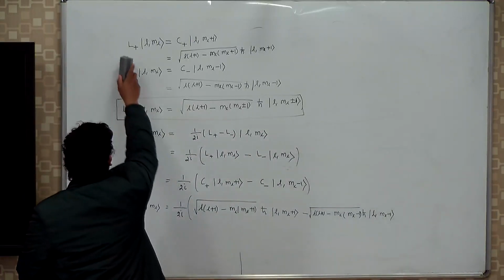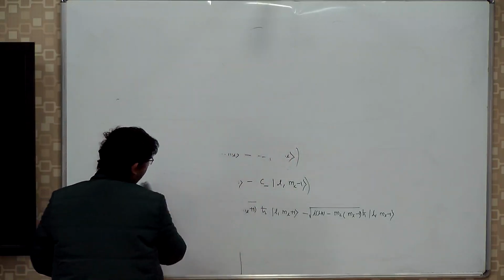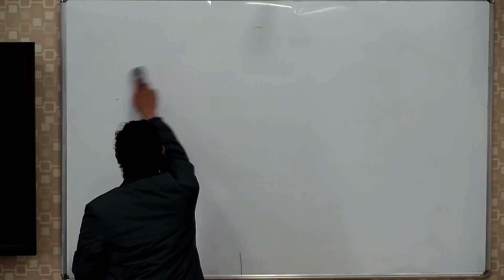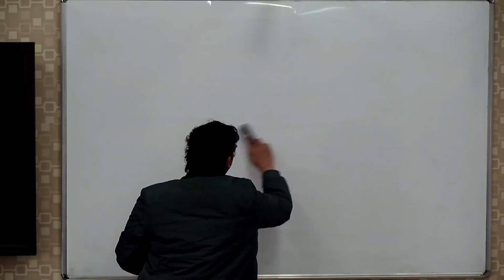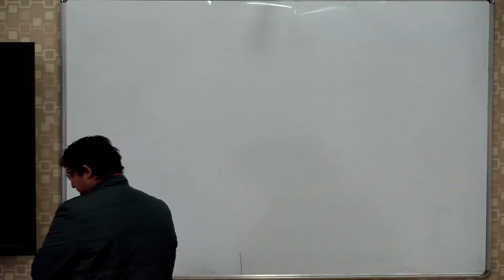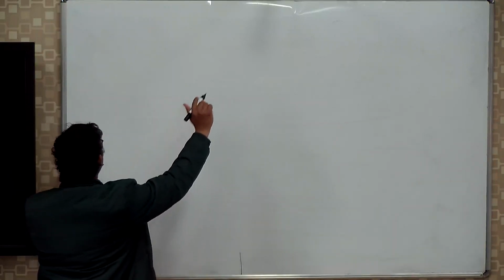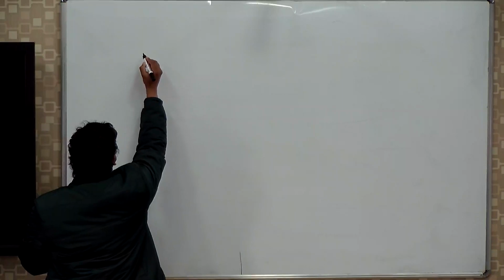Further, for extending the Hermitian and non-Hermitian operators into matrix form, or the matrix representation of all the Hermitian and non-Hermitian operators such as Lx, Ly, Lz, L squared, L+ and L-, we have to apply the orthogonality condition between two different angular momenta L and L dash.